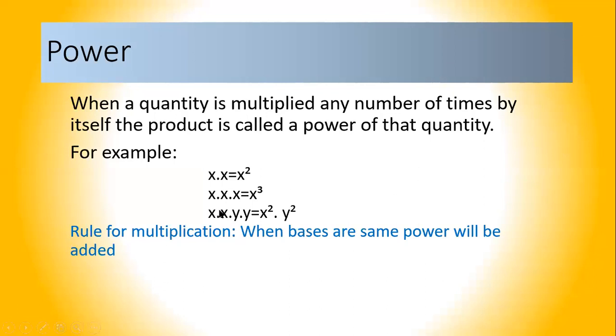So I told you in my class that where the power is not mentioned, that means the power is 1. So x power 1 and x power 1. When the bases are same, 1 plus 1 gives you the answer 2. Okay, so we get x power 2, that means x squared and y squared. Clear, everybody? Is it clear? Yes, Aklan, Ahad, Abdullah Ishtaq. Clear, everybody?